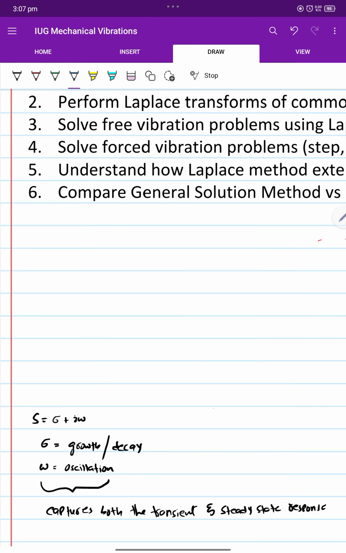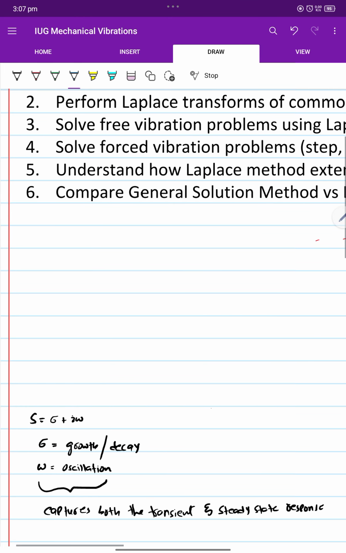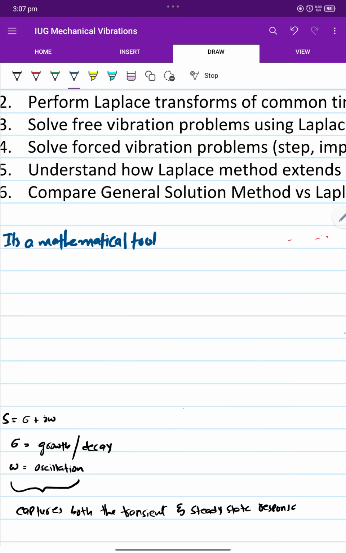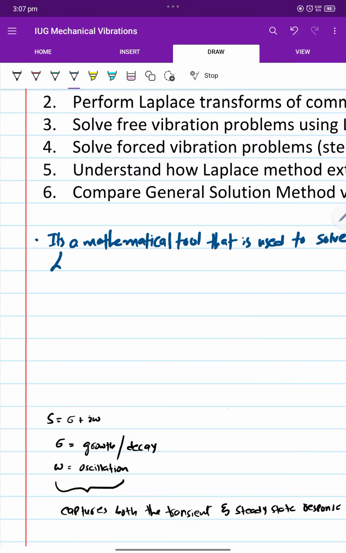The Laplace transformation is an operational method. It's a mathematical tool that is primarily used to solve linear, time invariant systems.